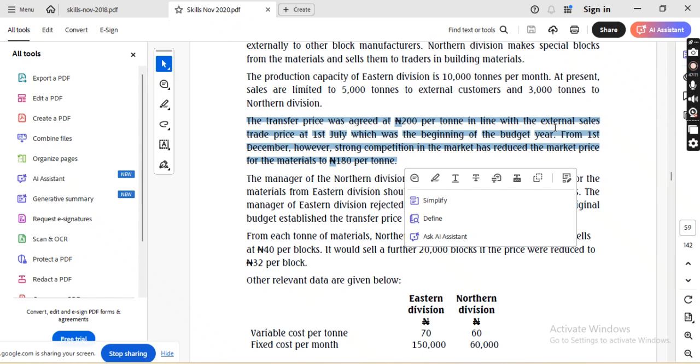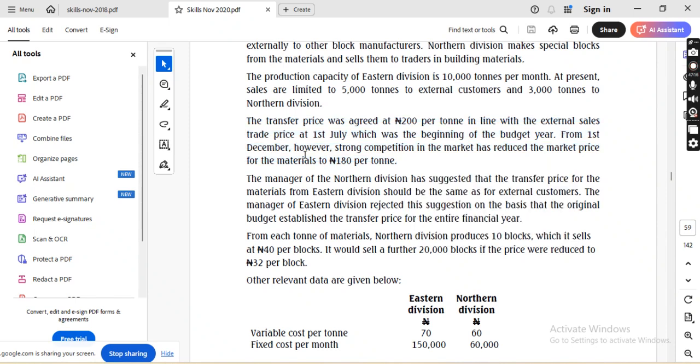Now, from 1st December, however, strong competition in the market has reduced the market price for the material to 180. Now, there is a change in the price, and that is why the Northern Division now suggests that okay, let's use this price, right? The Eastern Division said no.